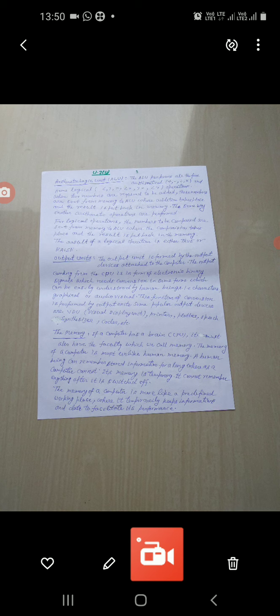The memory of a computer is more like a predefined working place where it temporarily keeps information and data to facilitate its performance.